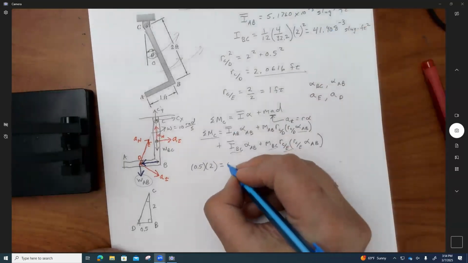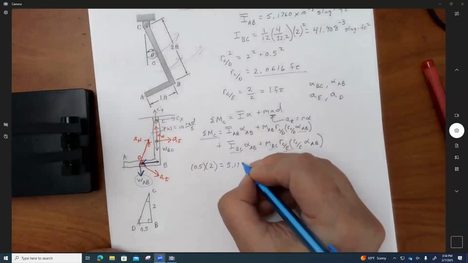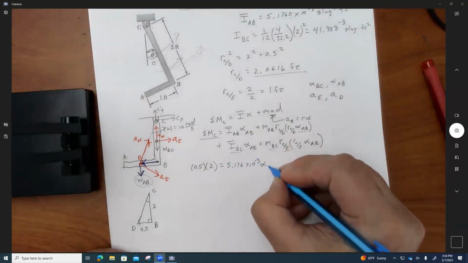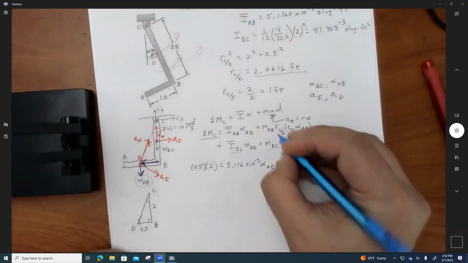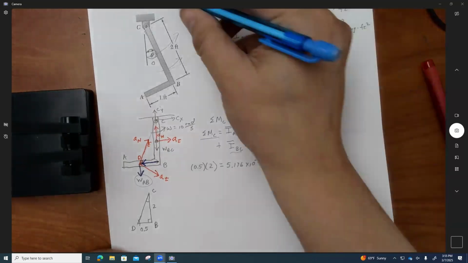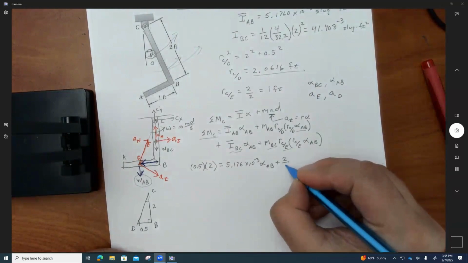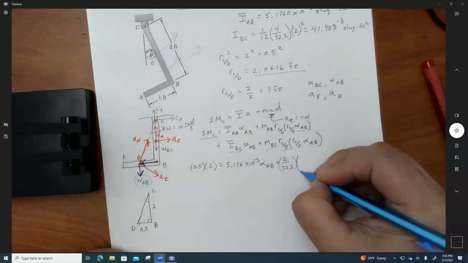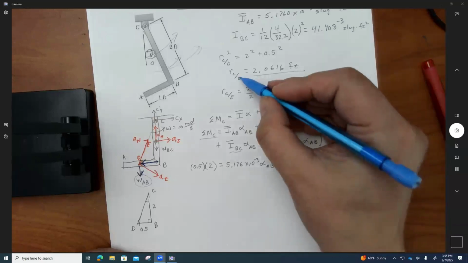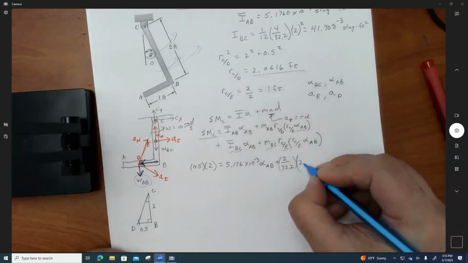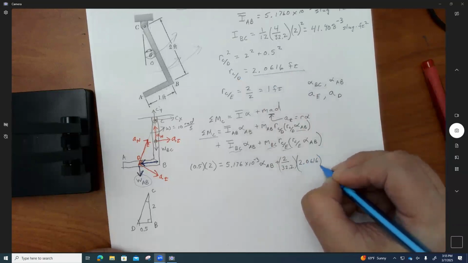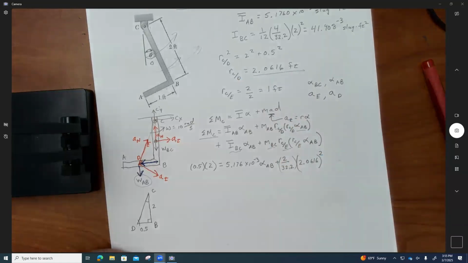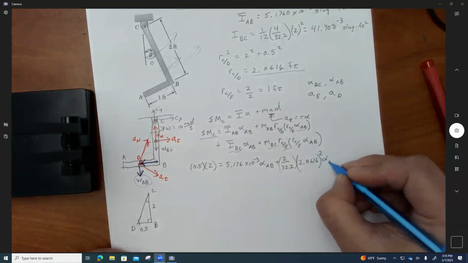I bar AB is 5.176 times 10 to the minus 3 times alpha AB plus the mass of AB. So that's going to be 2 divided by 32.2 to get it into slugs, multiplied by CD, which we calculated to be 2.0616. And if we multiply that out, we're really squaring it. And then alpha AB.